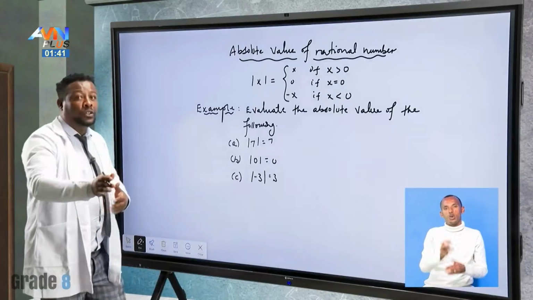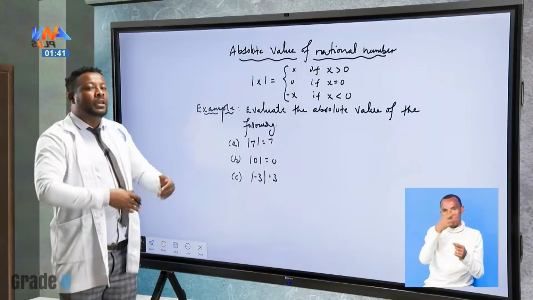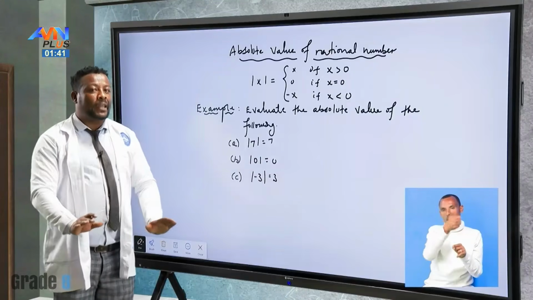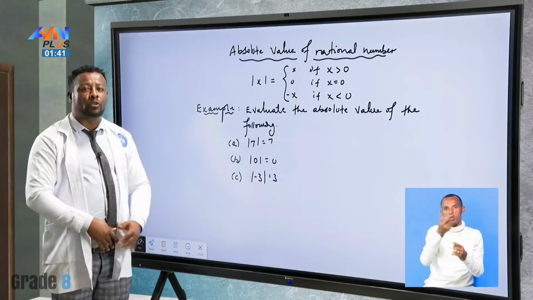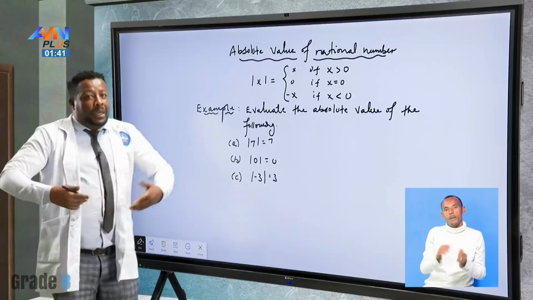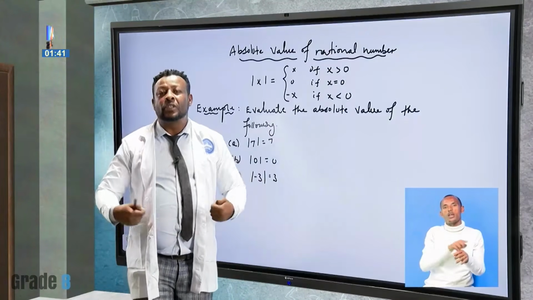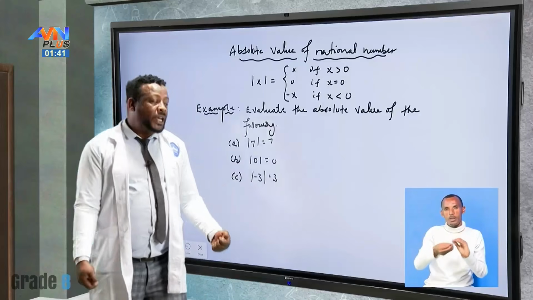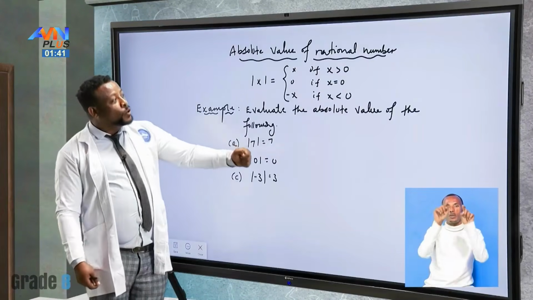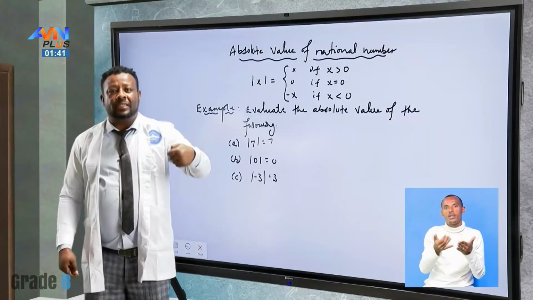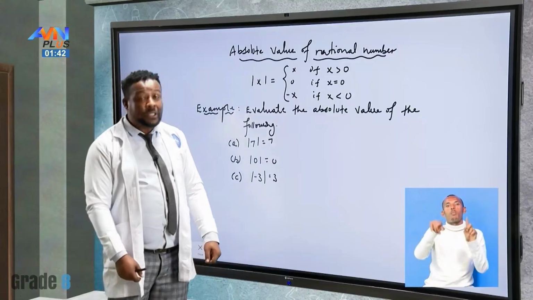The output cannot be negative, because by definition, absolute value of anything is the distance from 0 to some point. Basically, we cannot measure any distance using negative numbers. That's why the absolute value of anything, its output becomes positive.